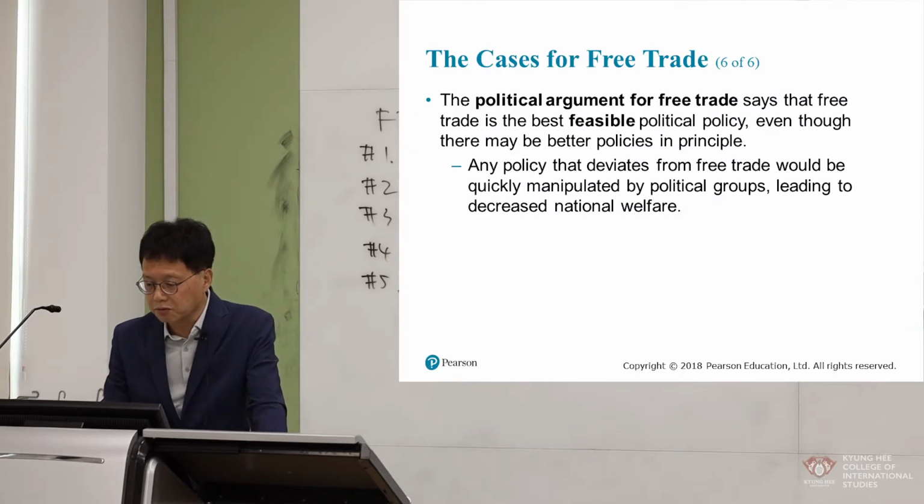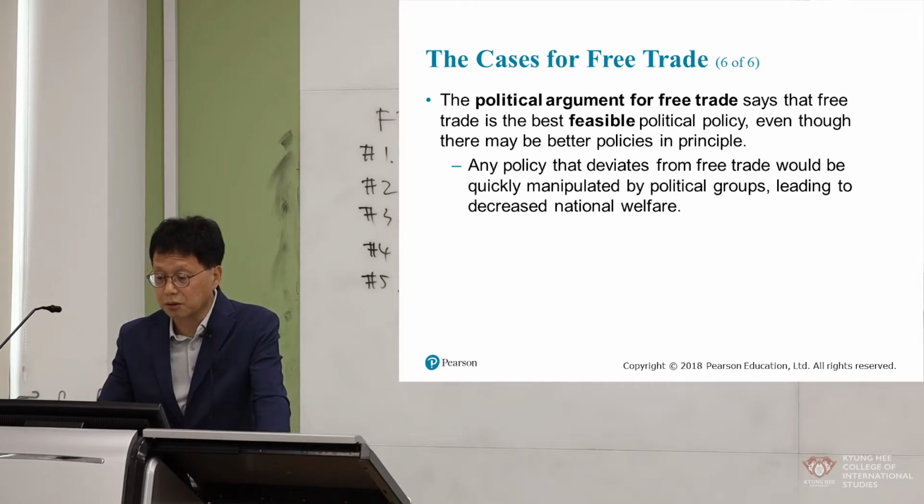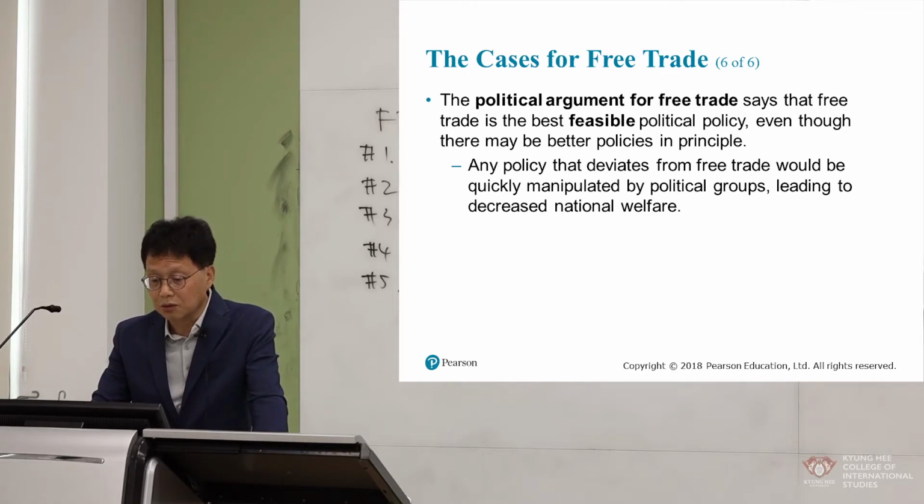The political argument for free trade says that free trade is the best feasible political policy, even though sometimes there may be better policies in principle. Now think about chapter 9, where some large countries' national welfare can increase after imposition of tariff. In the theoretical world, but in the real world, free trade is the best feasible political economy.